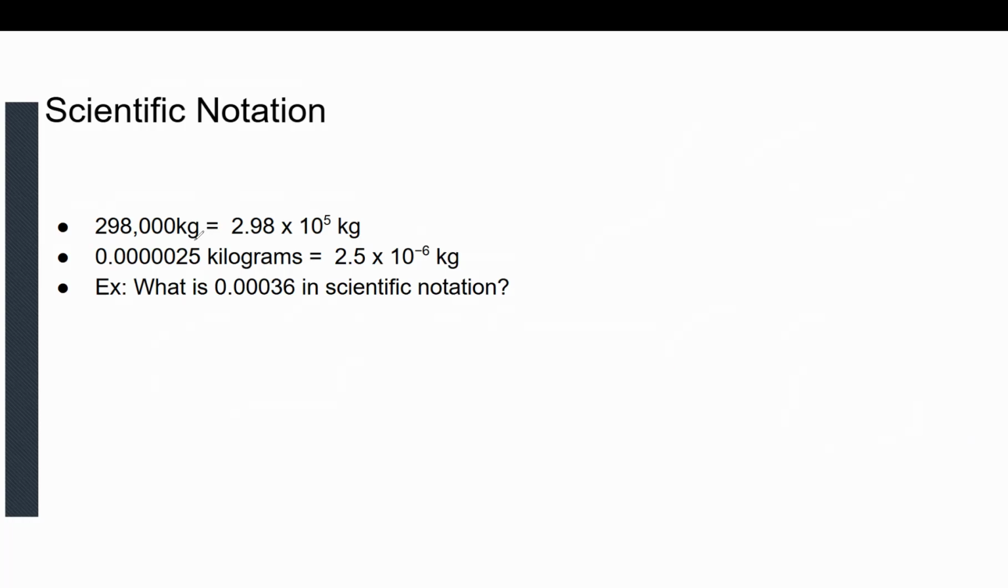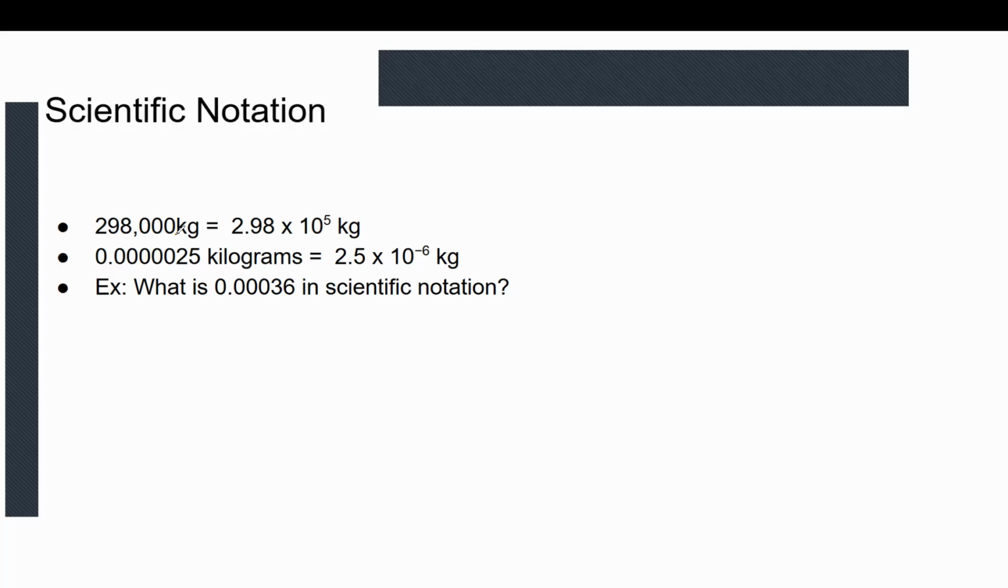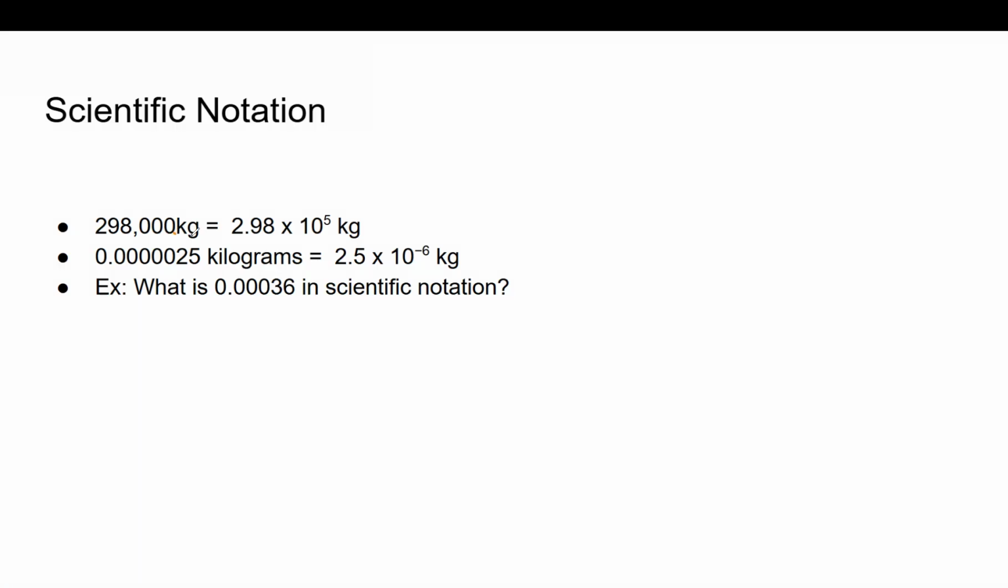For example, we're given 298,000 kilograms here. We want to turn it into scientific notation. So how do we do that? Well, we find the decimal. If there's no decimal, we know at the end of the number there's a decimal there. So the decimal always comes at the end of the whole number initially.